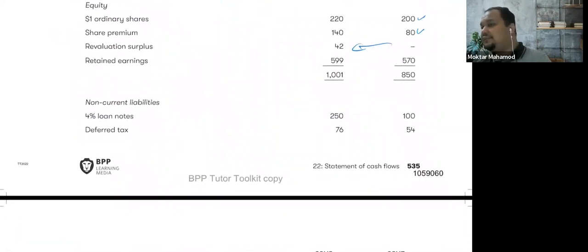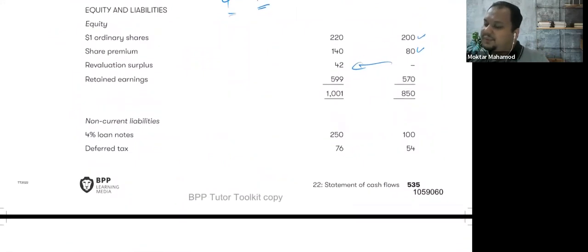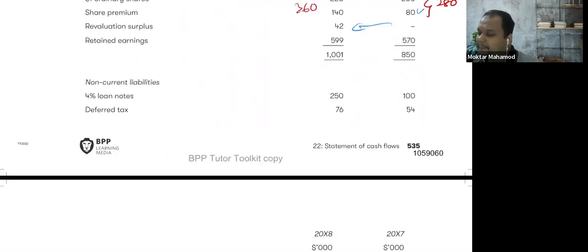Okay. For equity, normally we will combine between share capital and share premium, because the objective here, we wanted to look at the cash transaction sahaja. All right. So 280 will be the break. This one, 280 will be the brought down balance, and 360 will be the carried down balance.